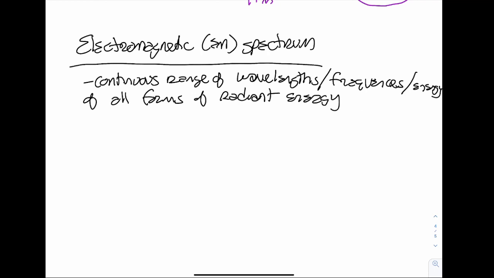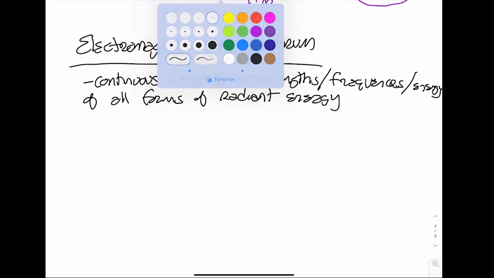So essentially, if we were to take all the forms of light energy and put them in order of wavelength, frequency, or energy, we get our electromagnetic spectrum. And maybe subsets within that spectrum are given different names depending on what the wavelength is. I don't really care so much that you know the actual numbers, but I do want you to know the order.